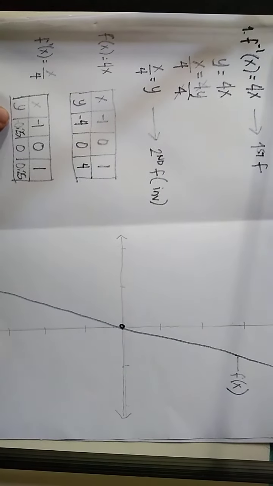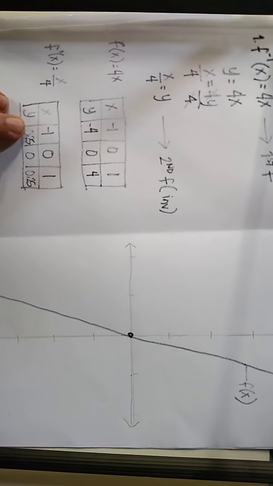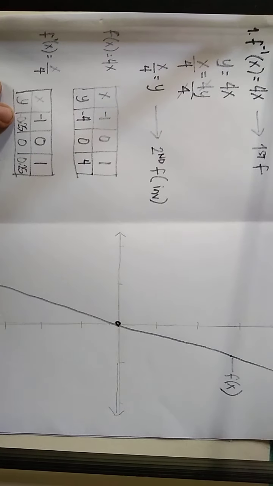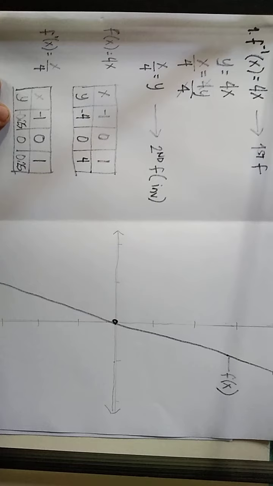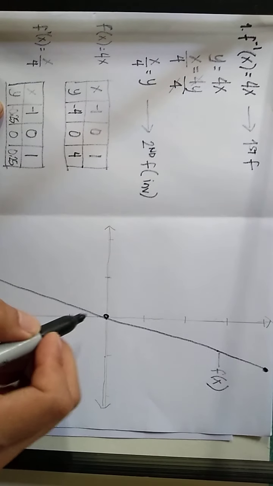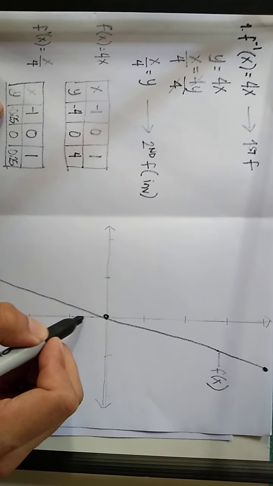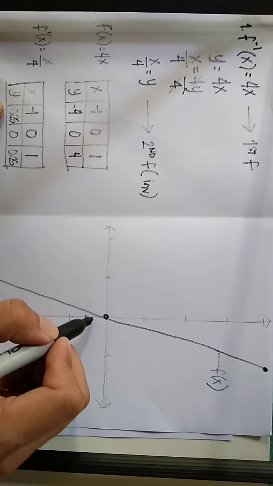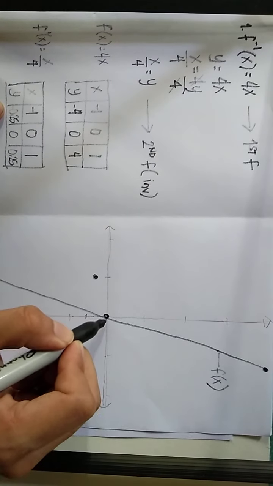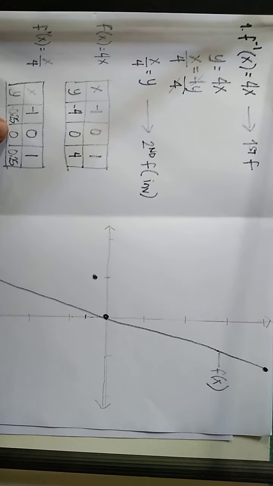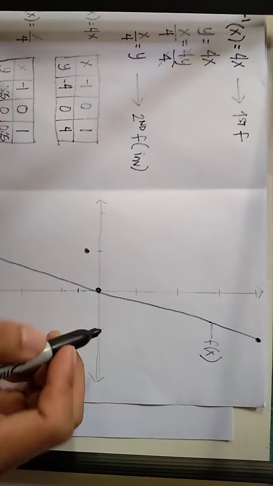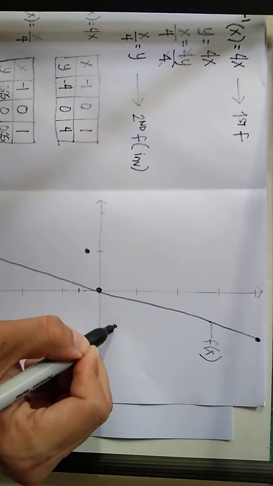And then ito yung ating value for ating graph for f of x. Or let's graph naman yung ating inverse function. So we have negative 1 and 0.25. So we have x here, and then yung y natin is 0.25. That is almost 1/4. Then 0 and 0, and we have 1 and 0.25, which is here.